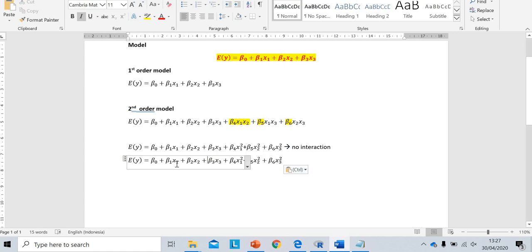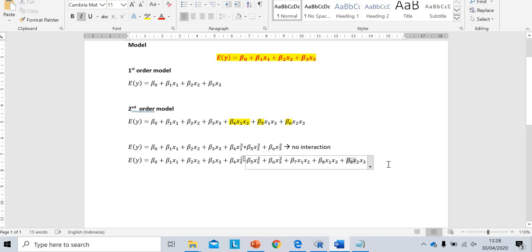So this is a complete second order model: beta 1 x1, x2, x3, x1 squared, x2 squared, x3 squared, and then all possible interactions, x1 x2, x1 x3, and x2 x3, with beta 7, beta 8, and beta 9.